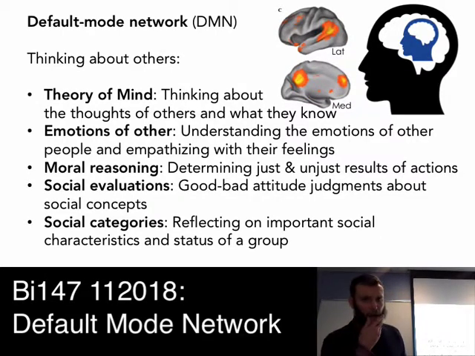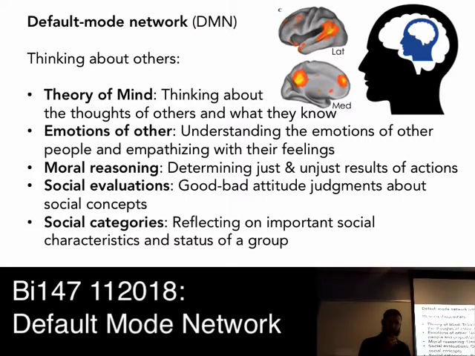So here are some other functions of the default mode network. These are all part of the theory of mind or thinking about others. Your ability, for me, I'm sitting here talking to you. What do I think is going through your head? Trying to think about what is in your head.